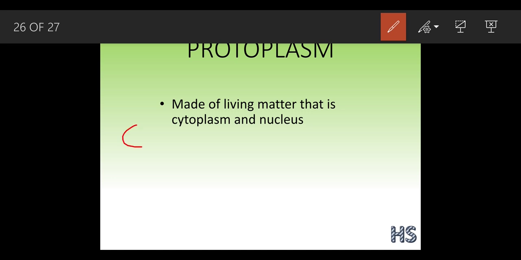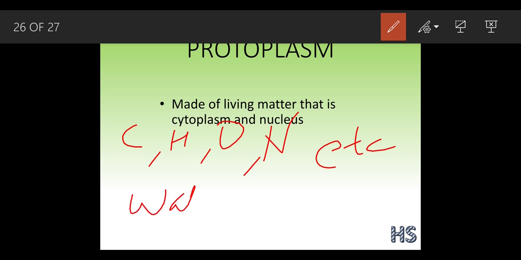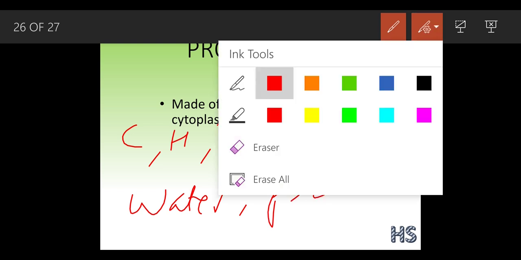They are carbon, hydrogen, oxygen, nitrogen, sulfur, iron and phosphorus, etc. And what is the function of this protoplasm? It helps in the formation of water, proteins, carbohydrates, etc. This was all about the protoplasm.